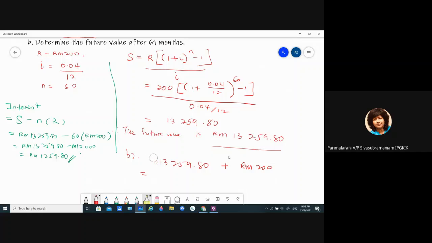But you have interest on this, okay? So this is the formula.